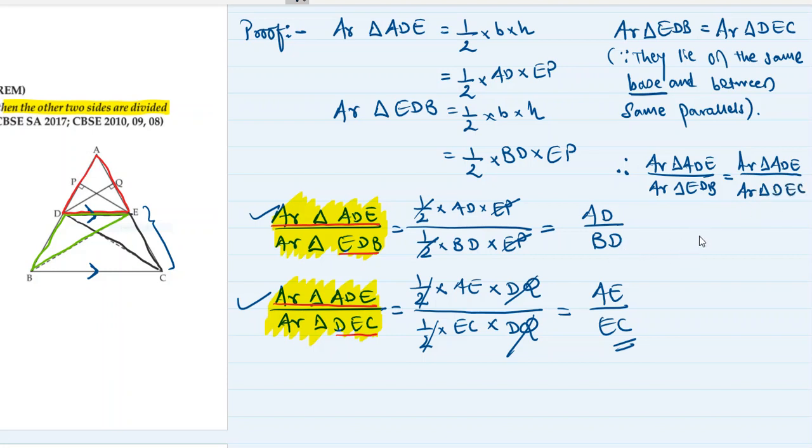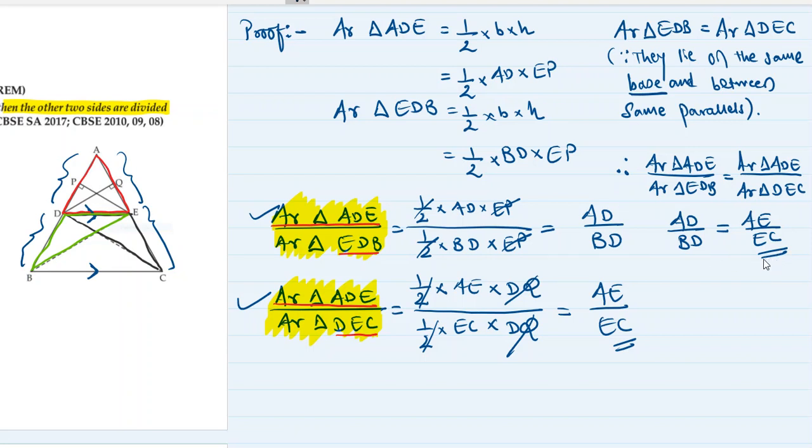Area of triangle ADE upon EDB is equal to AD upon BD. Area of triangle ADE upon DEC is equal to AE upon EC. Correct? So AD upon BD is equal to AE upon EC. That is what we had to prove, and we have proved it successfully over here.